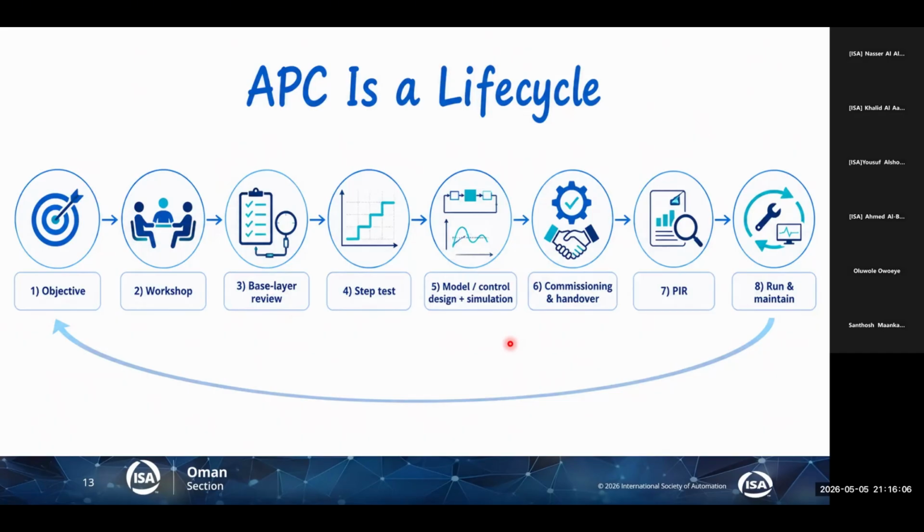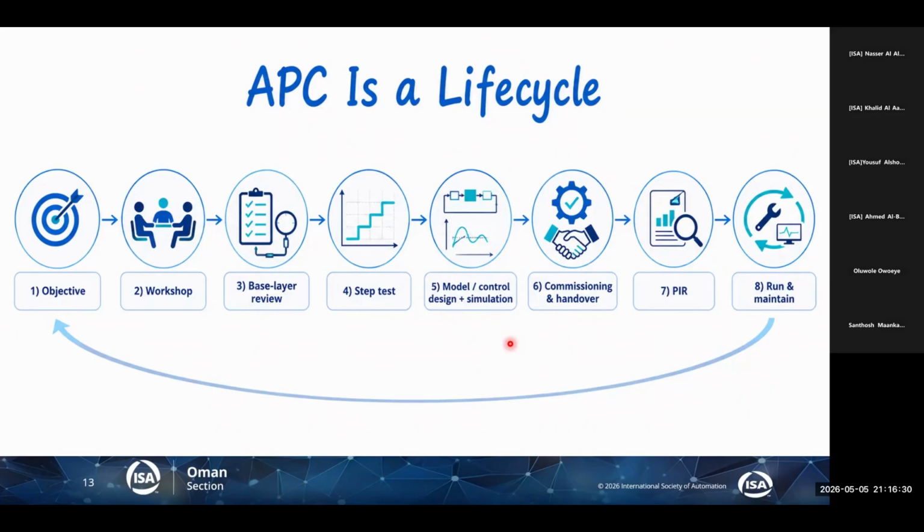Instruments do drift. Valves degrade. Heat exchangers, you have fouling, scaling. And constraints may change, as I have mentioned already, or new ones can come into the picture. So an APC application should be treated like a performance asset, which must be owned.